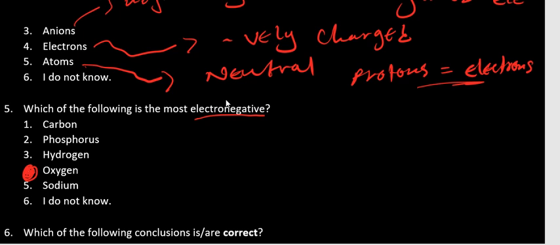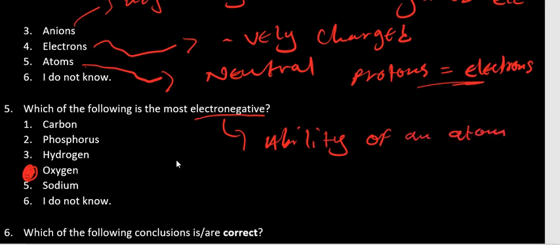Electronegativity is the tendency of an atom of a given chemical element to attract shared electrons when forming a chemical bond. So it is all about the ability of an atom to attract electrons, okay.